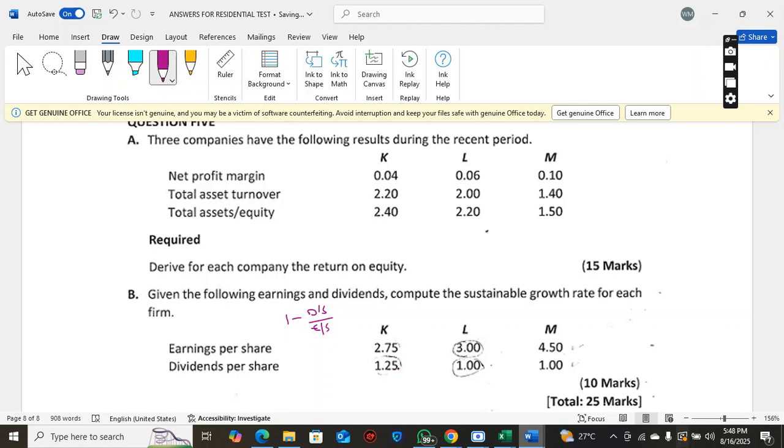So for K, you say 1.25 dividends per share divided by earnings per share, 2.75.